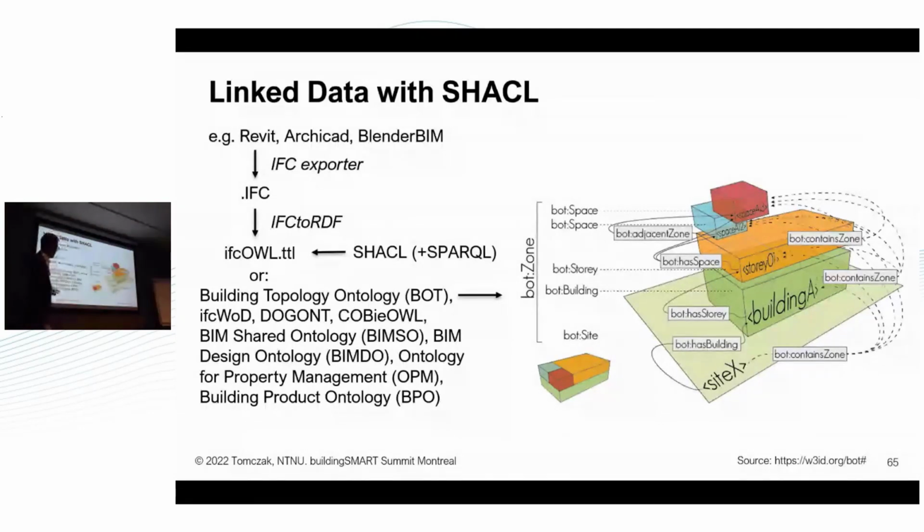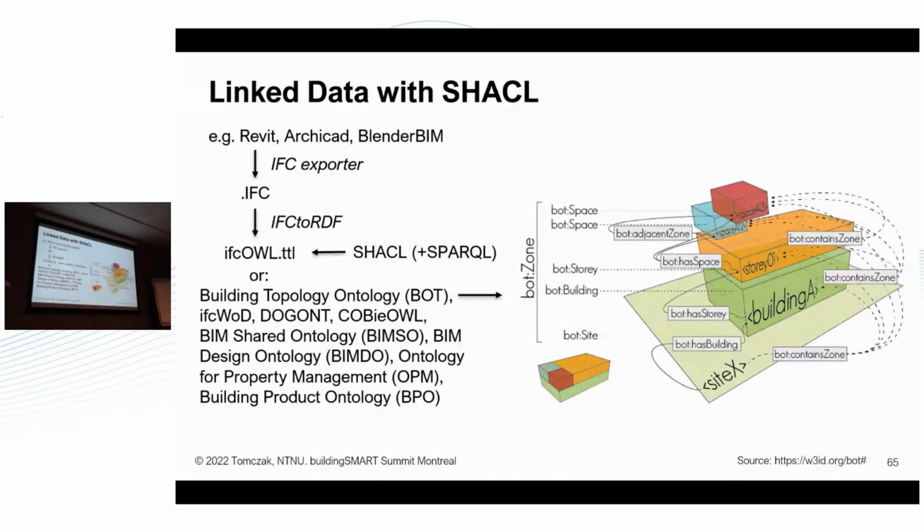And this Building Topology Ontology is represented here with this nice picture from the World Wide Web Consortium, which basically tells you that each element should have these links between each other that are relations between them, more or less. Sorry if I misinterpreted some of this technology.